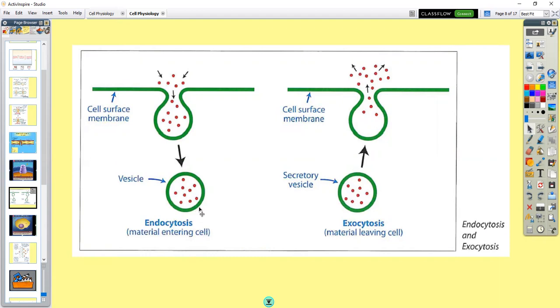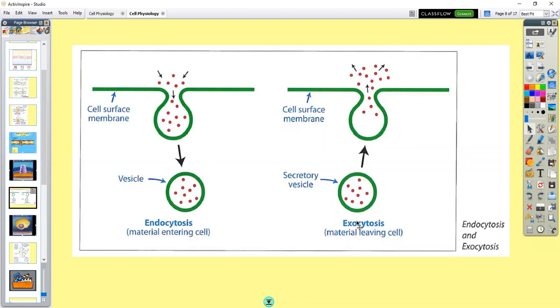The way that it works is that this substance will pass into the cell, and part of the membrane invaginates, or forms a membrane around that substance moving in. It sort of snips off, if you like, and forms a vesicle around that substance that is passing into the cell. Okay, so that's endocytosis. Exocytosis is when material is leaving the cell.